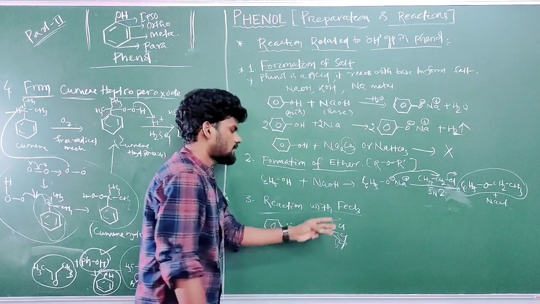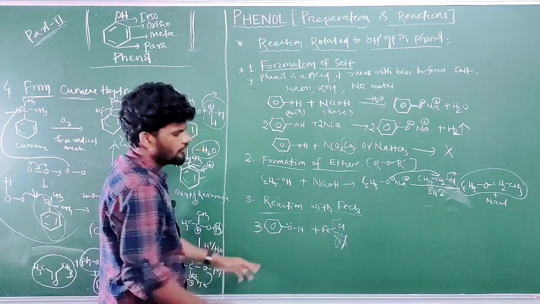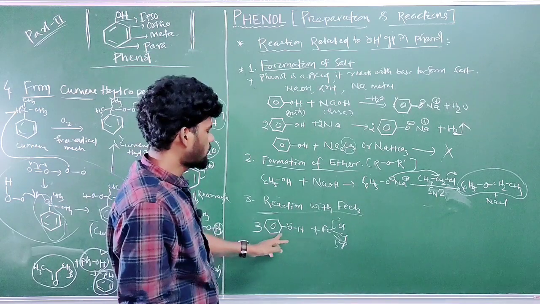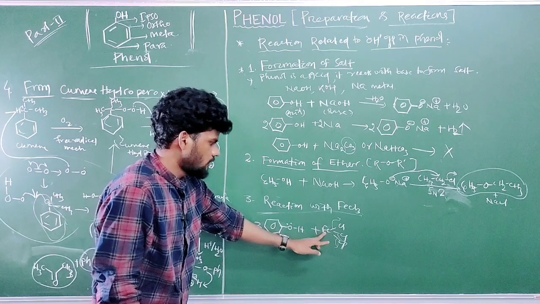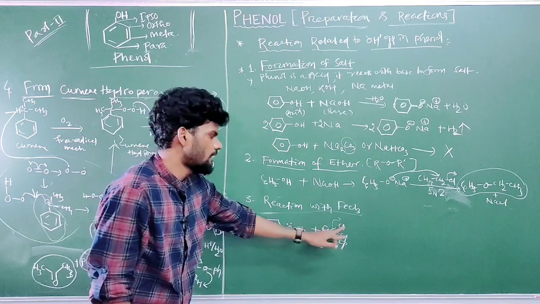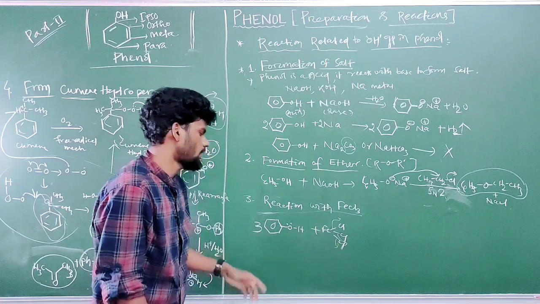As there are 3 chlorine groups as leaving groups, we can take 3 moles of phenol. Then there will be 3 moles of nucleophile. They will attack the iron atom and replace or substitute 3 moles of chlorine atoms.